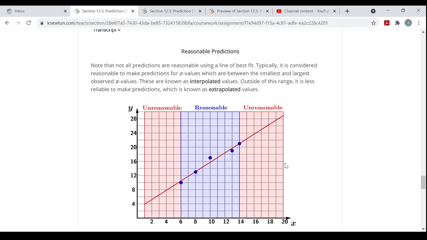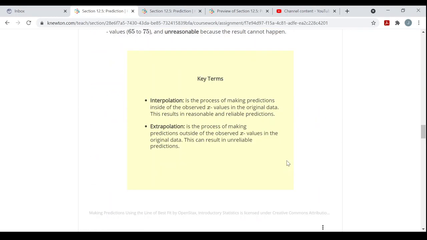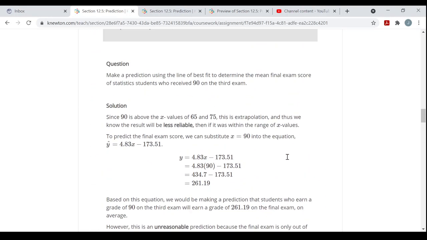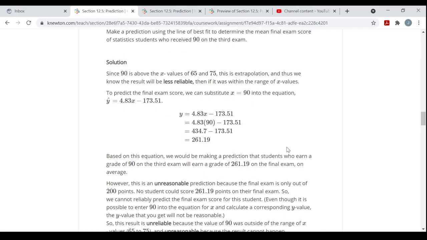The reasonable, unreasonable, you really have to think about the problem. Like up here with the final exam score being at 200, sometimes your extrapolated guesses can be reasonable, but sometimes your extrapolated guesses can be unreasonable, right? You really have to think about the context of the problem.